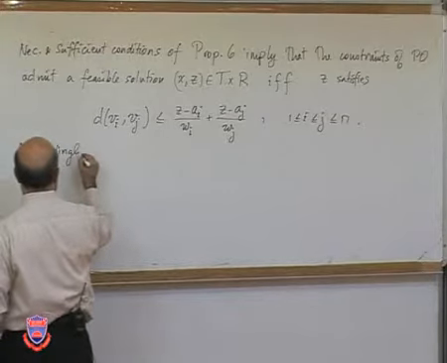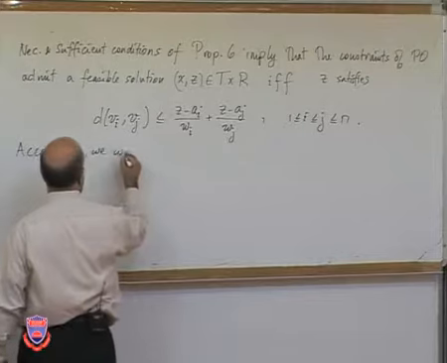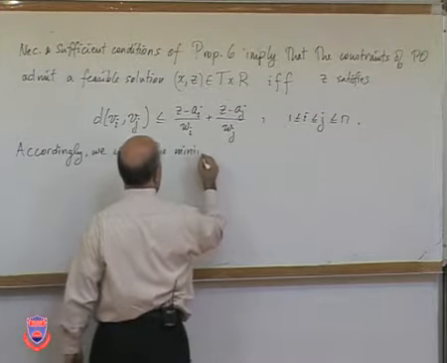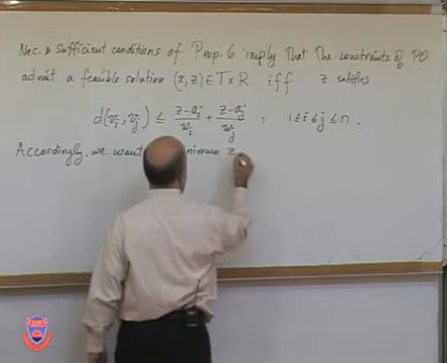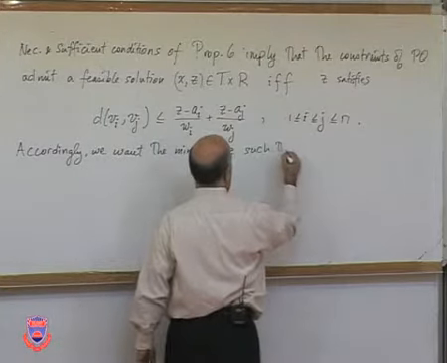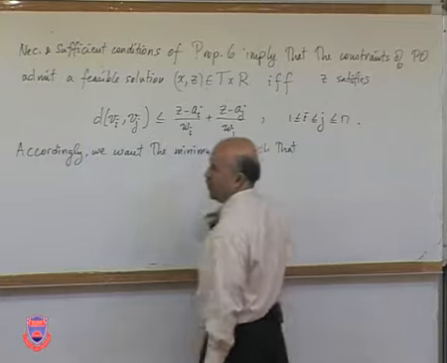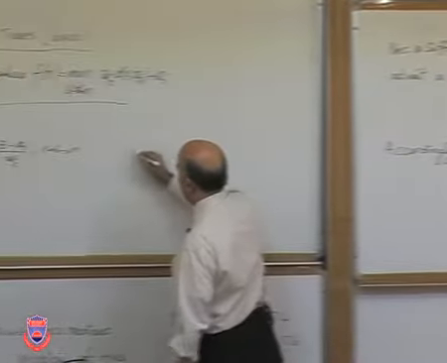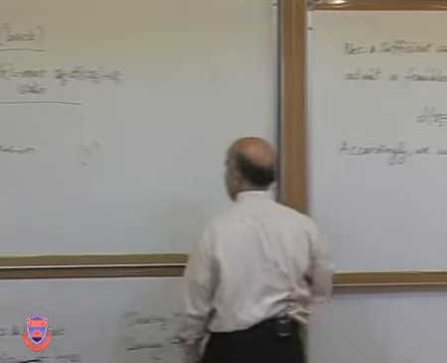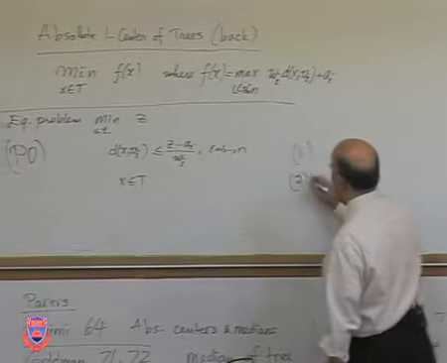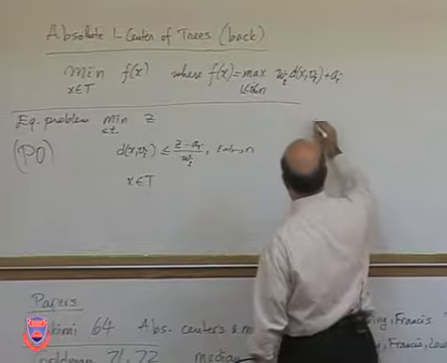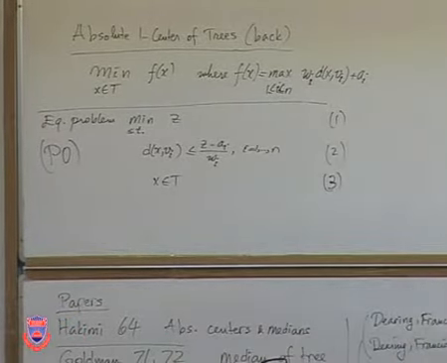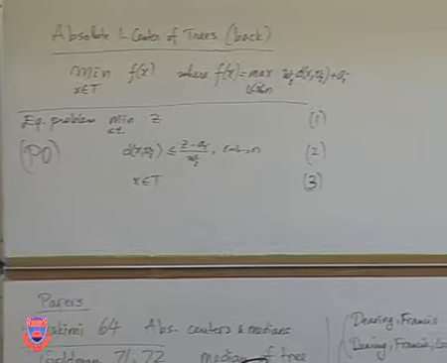Accordingly, we want the minimum z such that the constraints here, actually, let's number it this way: 1, 2, 3, 4.